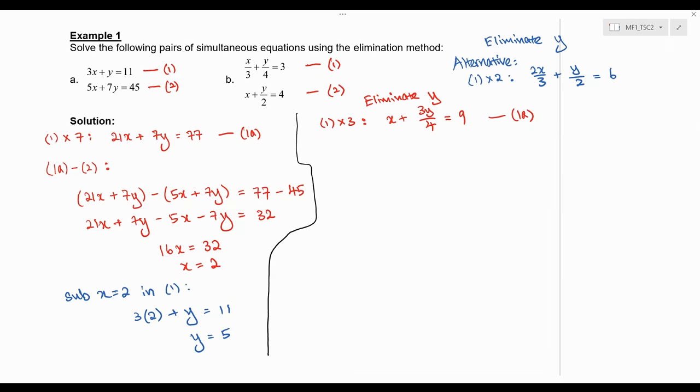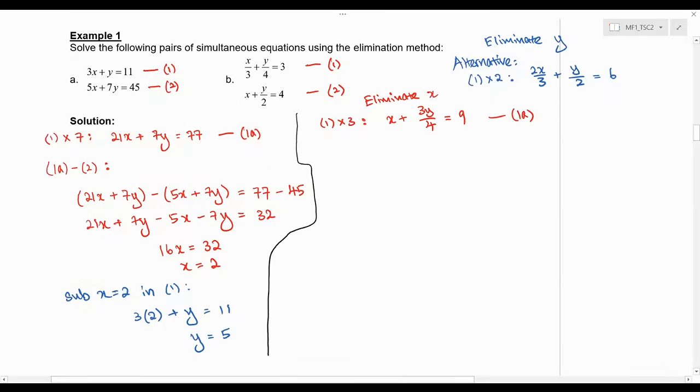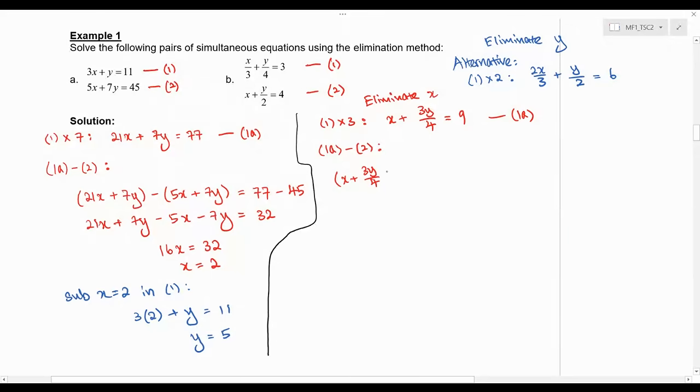I'm just going to do the x version, and I will take equation 1a and subtract equation 2. This will be x plus 3y over 4.